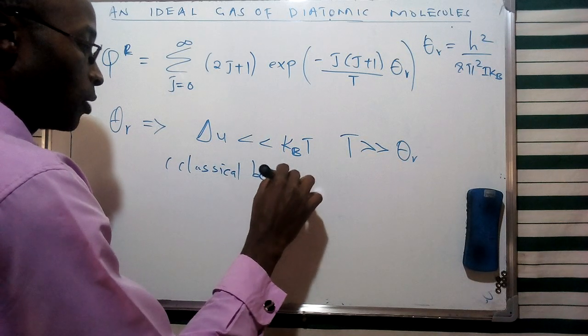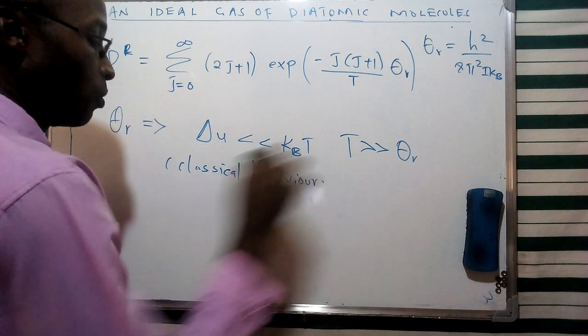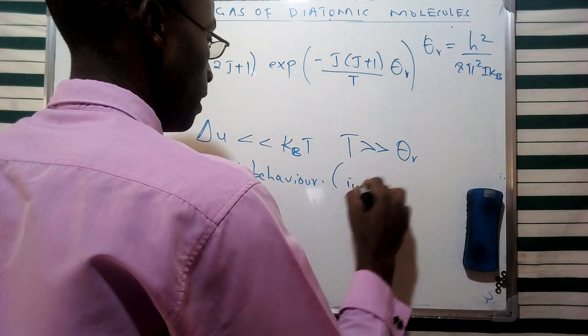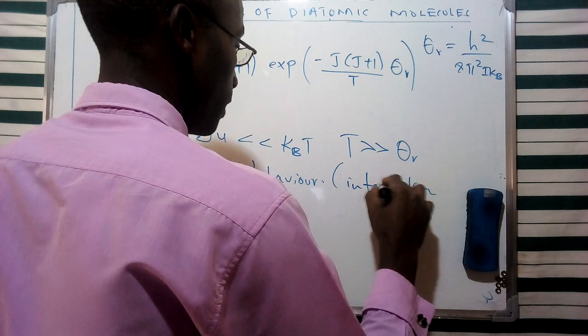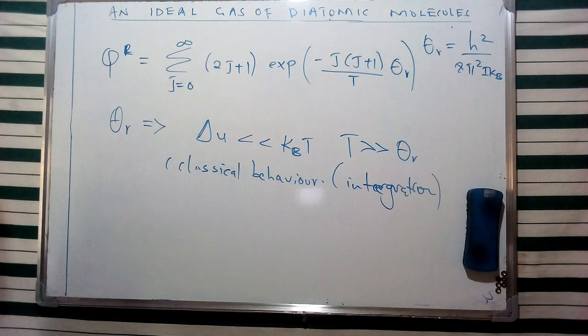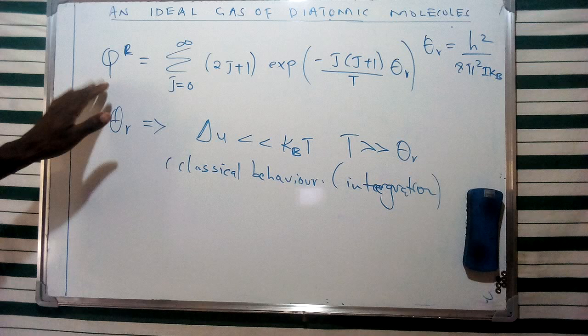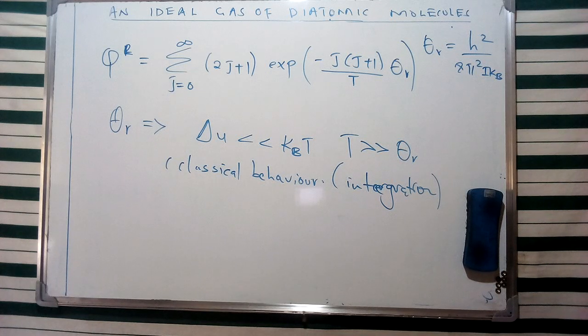And in our treatment of this specific equation, we're going to do an integration over this range of values in order to obtain the value for the rotational quantum number which we have written above.